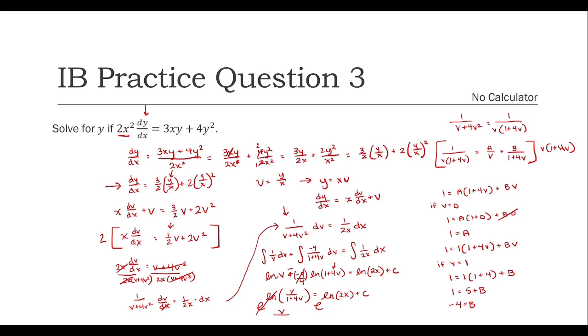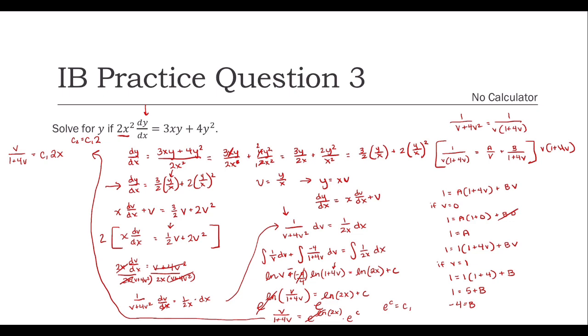So we have v over (1 plus 4v) equals e to the natural log of 2x times e to the C. e to the natural log of 2x just becomes 2x, and e to the C can just equal another constant, which we'll call C1. So we can say v over (1 plus 4v) equals C1 times 2x. C1 times 2 can equal another constant, so we can say C2 equals C1 times 2.